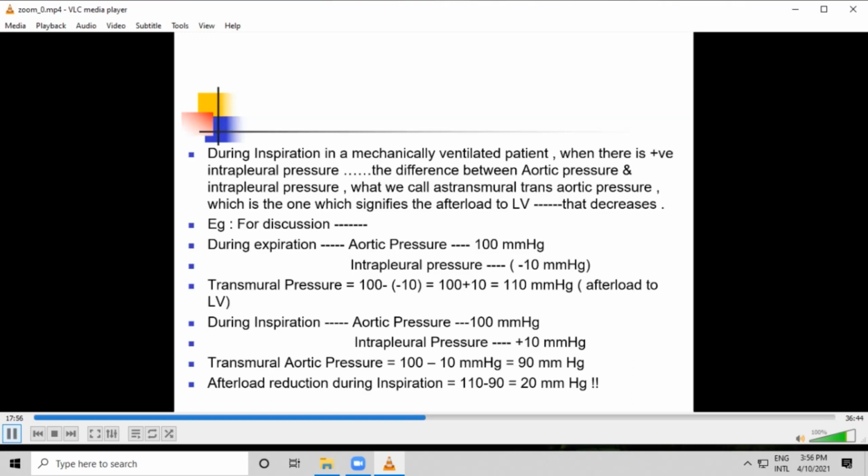This is how we understand that there is an afterload reduction of LV during inspiration and a preload increase of LV by squeezing of pulmonary veins. This is how there is an increased LV stroke volume during inspiration.